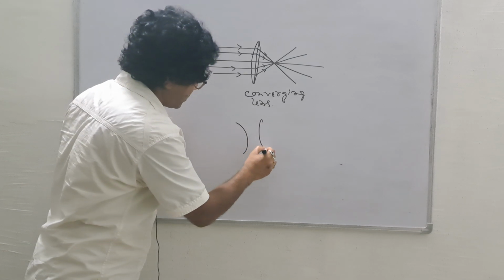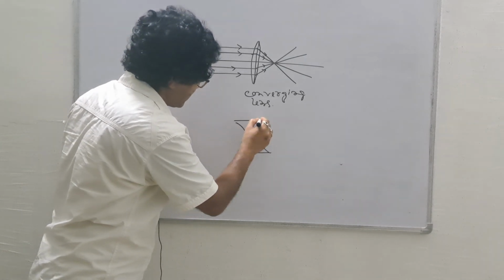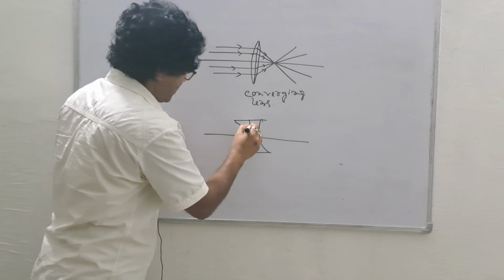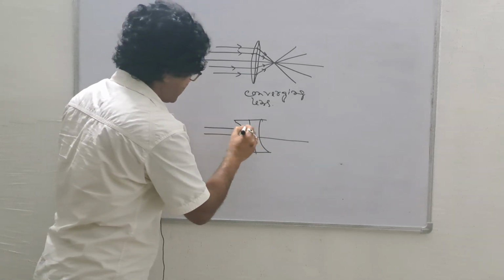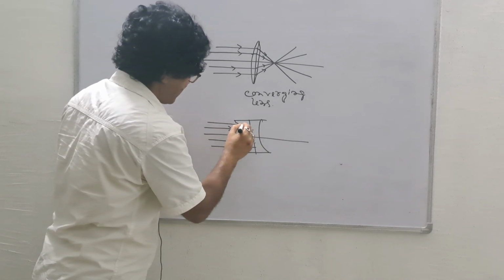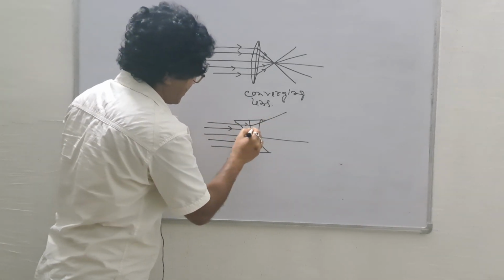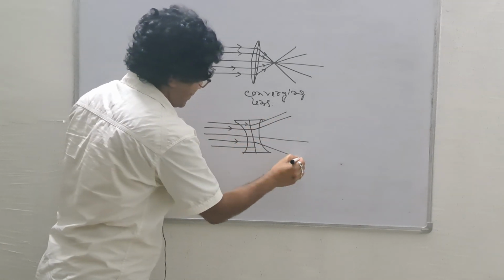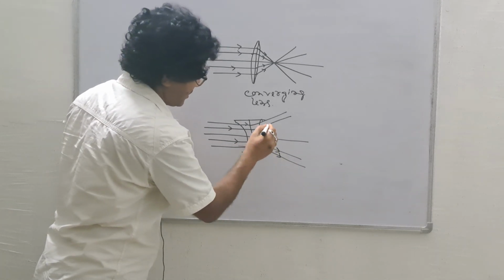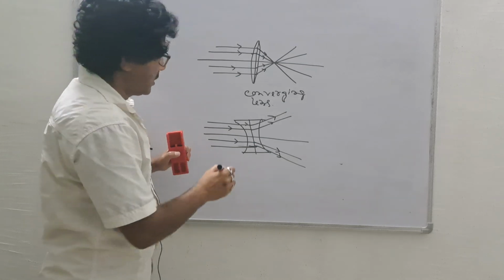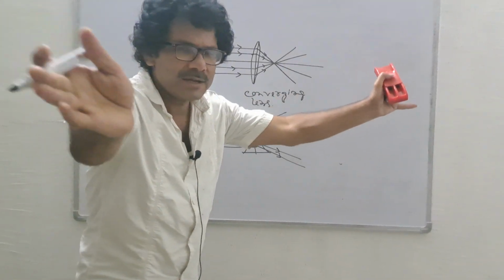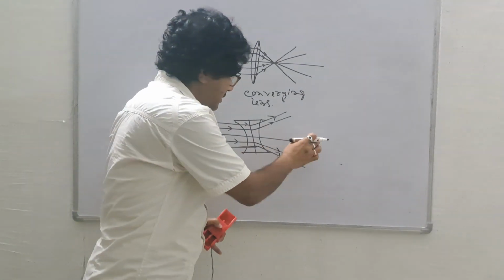Now this is a concave lens. Rays are incident, parallel rays. You see, this lens diverges. Diverge means going away from this line.